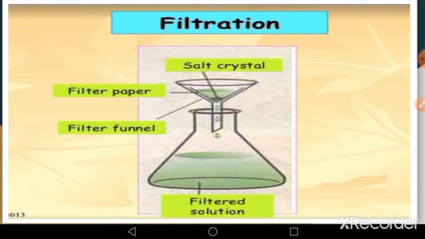For example, sand and water can be separated by filtration. When you pour a mixture of sand and water through filter paper, water will pass through that and sand will remain on filter paper only, and you can get clear water easily.